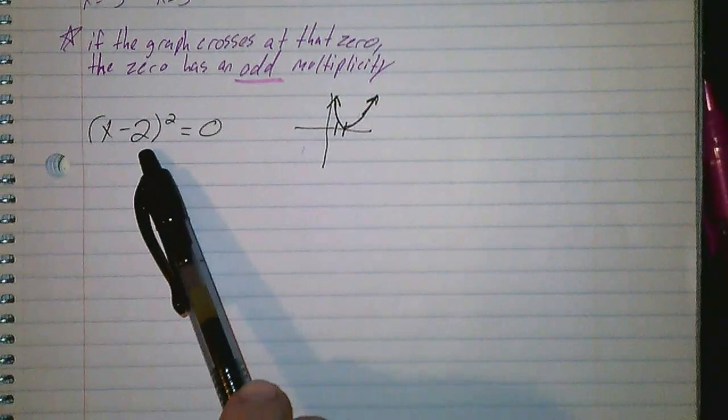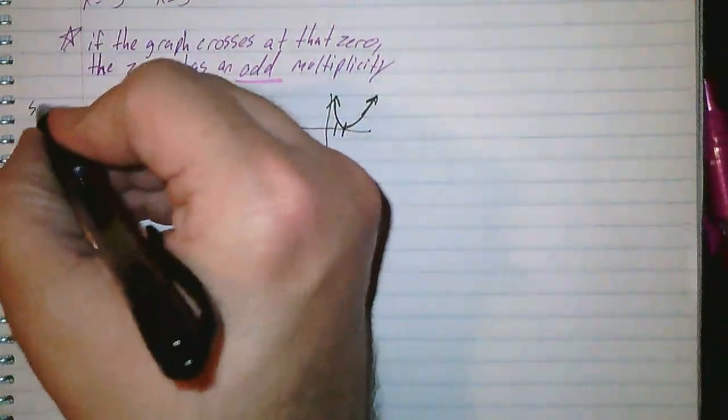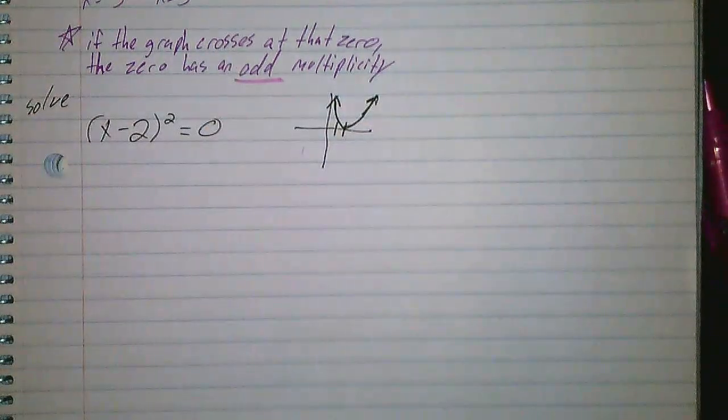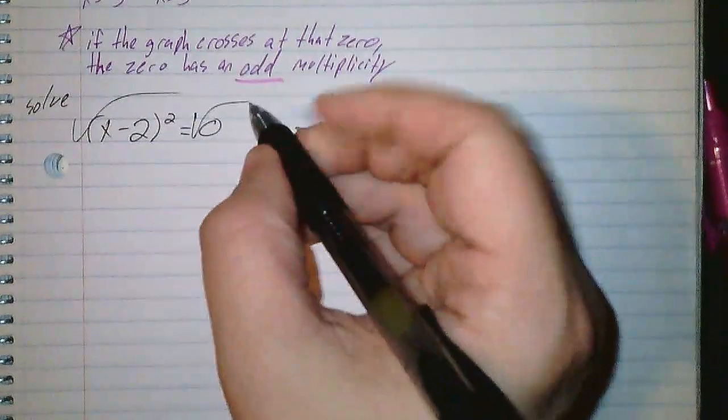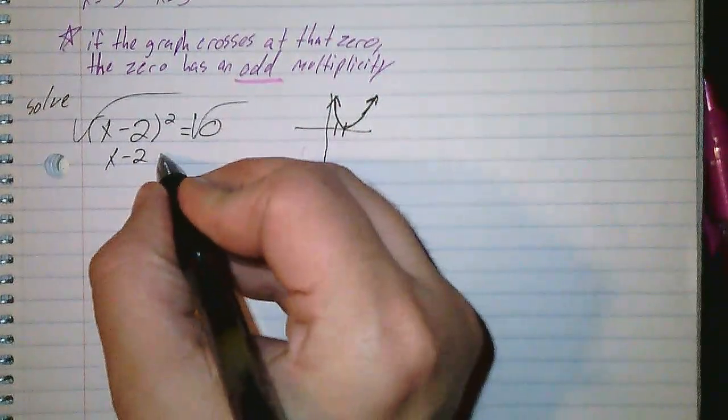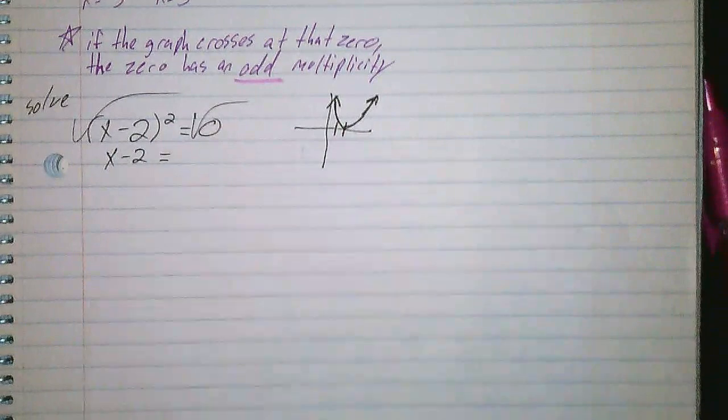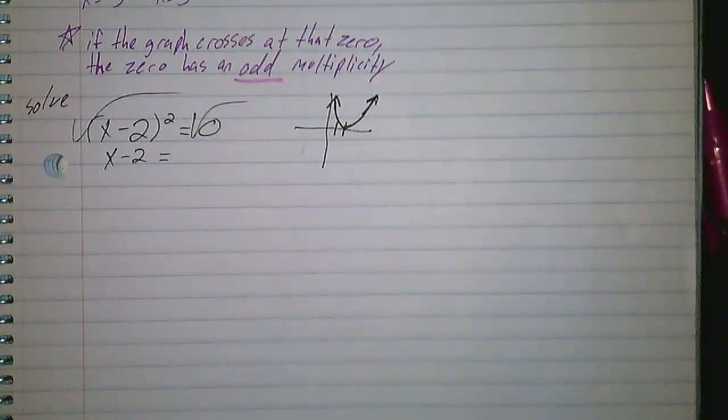And let's take a look at solving this. What are these zeros? You'll be asked to find the zeros from a graph. You'll be asked to find them algebraically. We would take the square root of both sides to free the binomial from the exponent of 2.